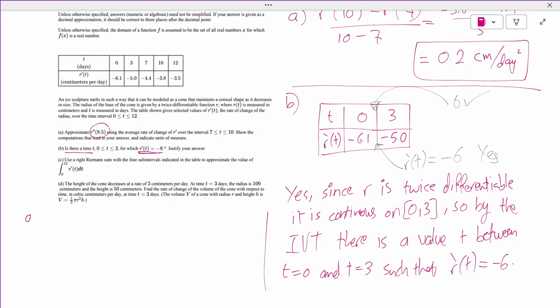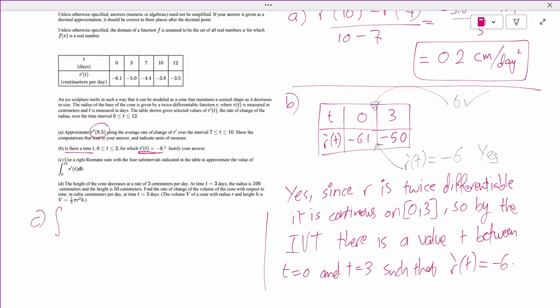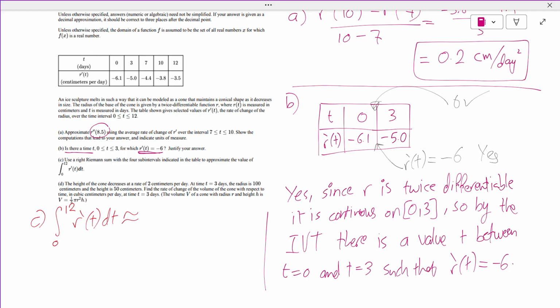So doing part C here, the integral from 0 to 12 of r prime of t dt is approximately what? Write the Riemann sum for 4 subintervals. This is 1, 2, 3, 4.